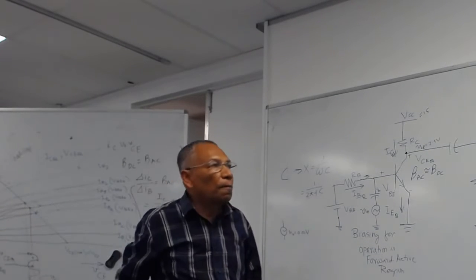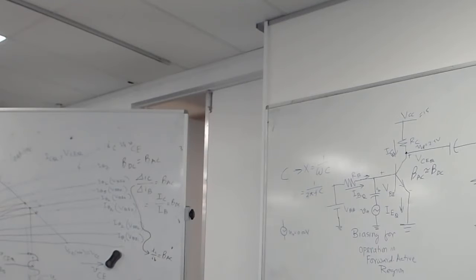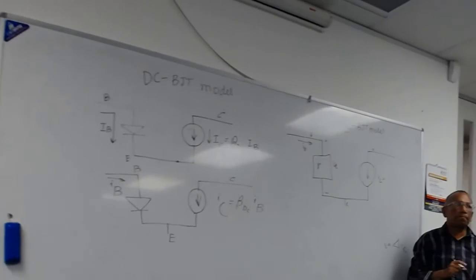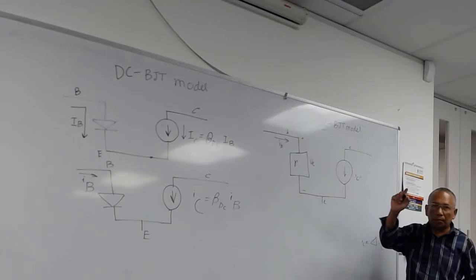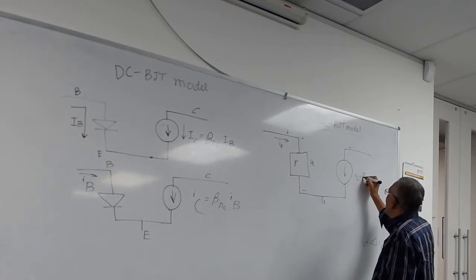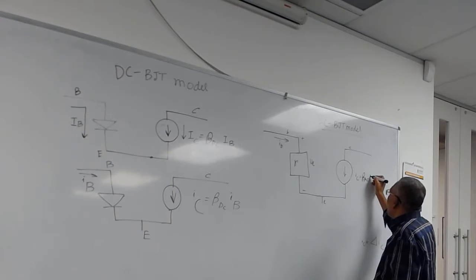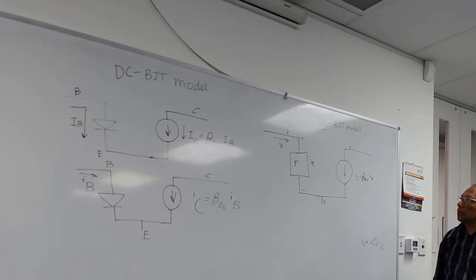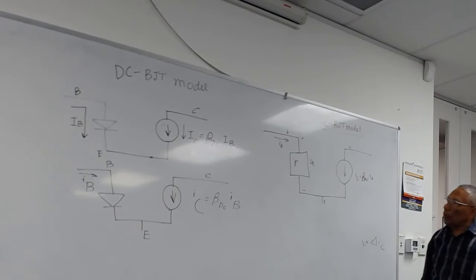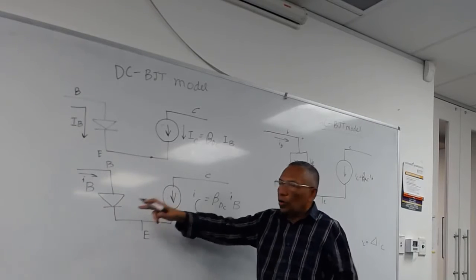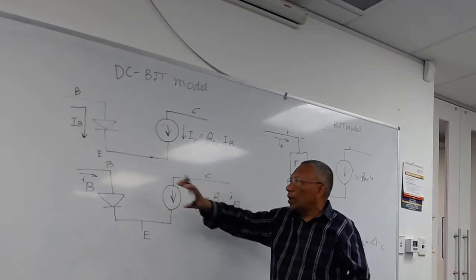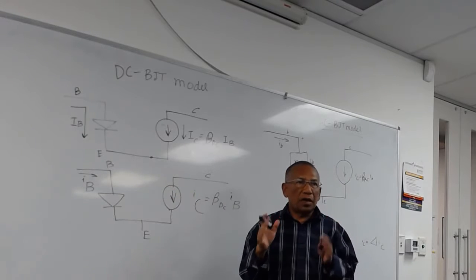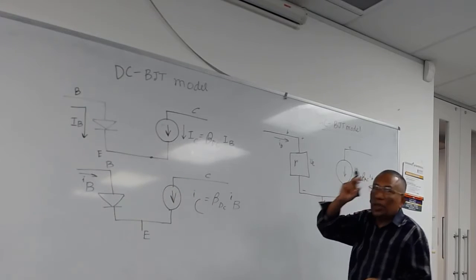So what is the relation with the small signal current IB? Beta AC into small i_b. Okay. So here now, instead of a diode, which shows you the exact drop between the base and emitter, here you show only the variation of the drop.